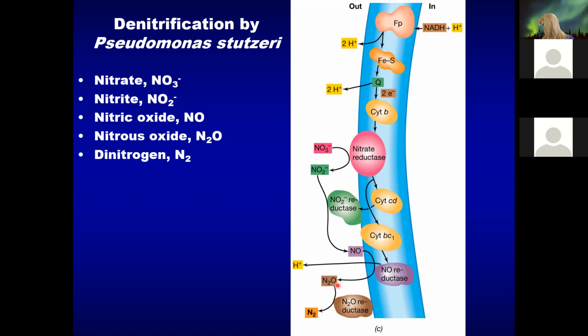Isn't that laughing gas? I think that's laughing gas. And then you get the reaction here, electron gets given to nitrous oxide and you get dinitrogen. So some microbes have this pretty extensive electron transport chain process where, instead of just stopping at nitrite, for example, they can push it all the way to dinitrogen.